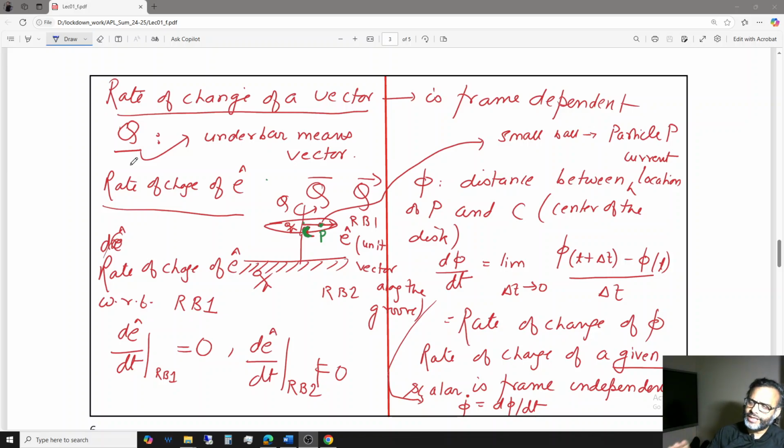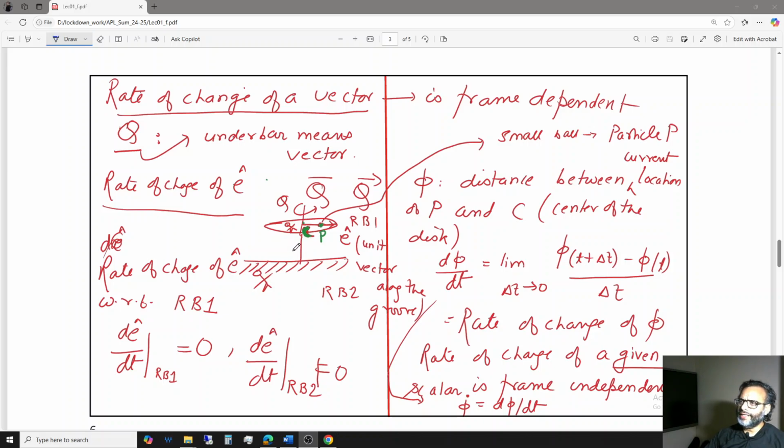I go back to the same situation. You are tied to the ground, RB2, reference frame 2. Your friend is sitting on a disk in an amusement park, tied firmly to the disk there, which we call RB1. Now let me define a vector.